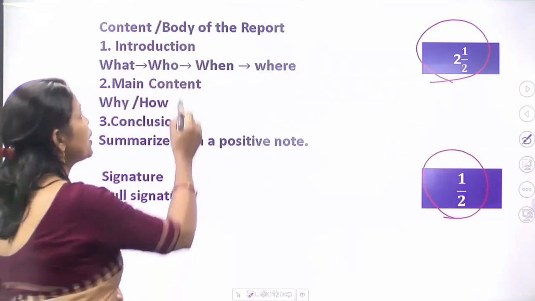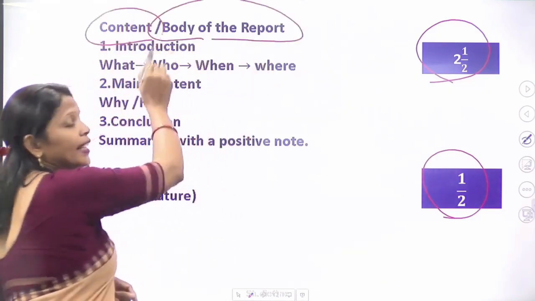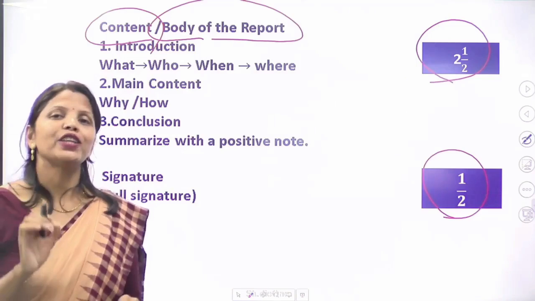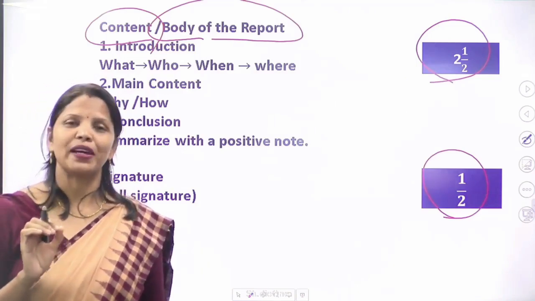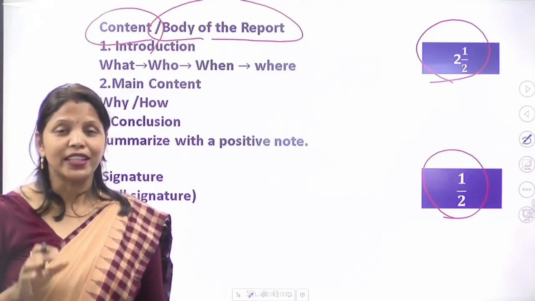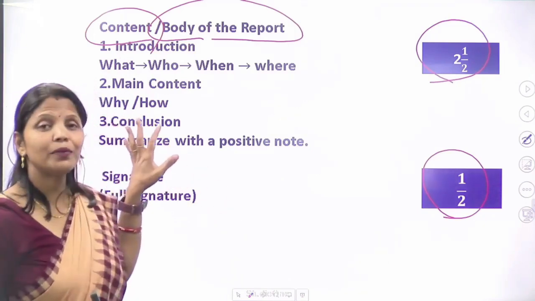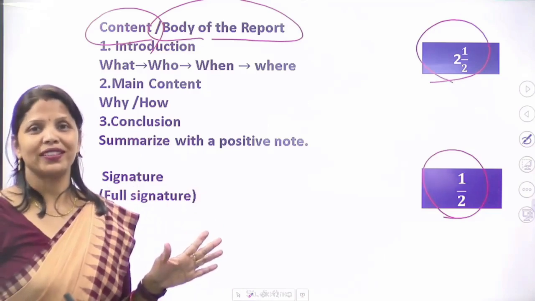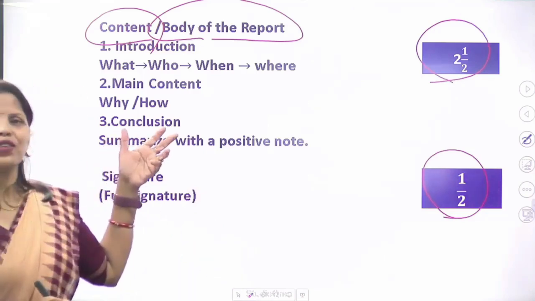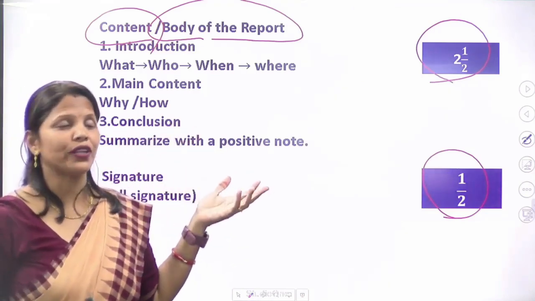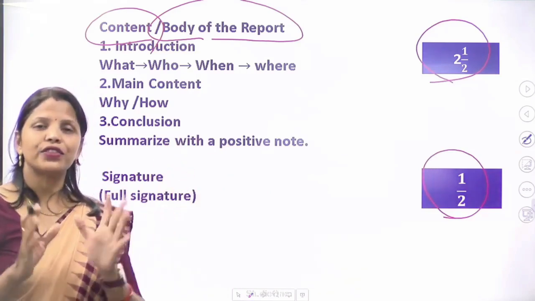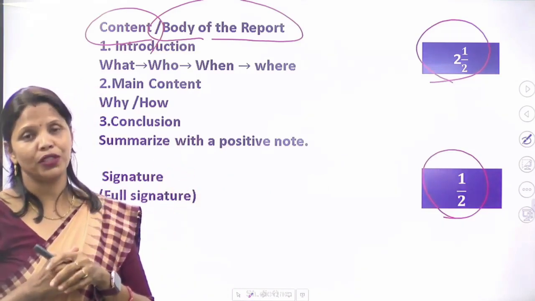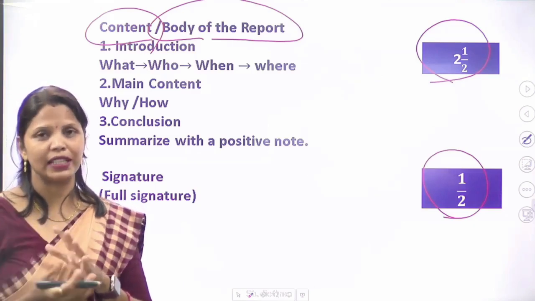Okay, if you skip the body of the report or the content of the report, then you will not be assigned any mark. Body of the report in a report writing is very important. Okay. So as it is very important, let's see first of all how we can write body of the report.